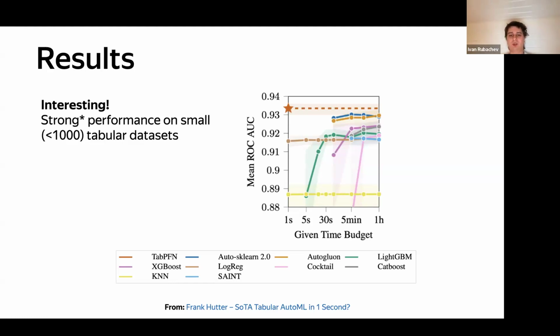But there were also problems because the dataset size was really limited to about 1,000 examples. Same goes for the features, and it did not support the regression task, even though many tabular problems are regression problems.